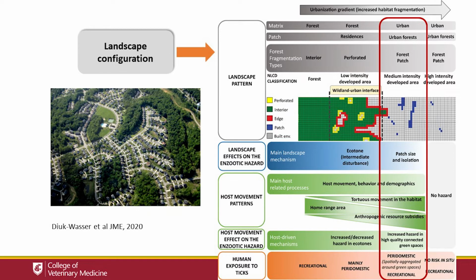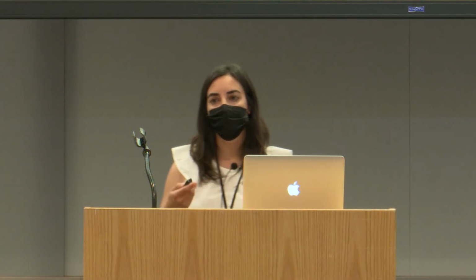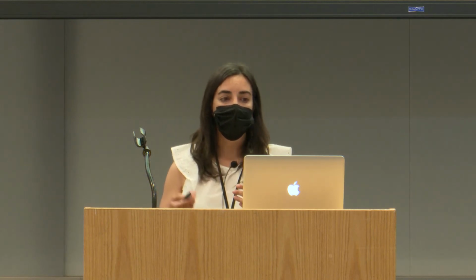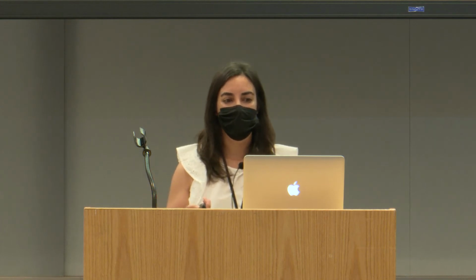We know that host movement, the non-human host movement, and also human movement change depending on the gradient of urbanization and the landscape configuration. And we know that this landscape configuration has great implications on host movement that will definitely affect the tick hazard, and also on how humans move in the environment.